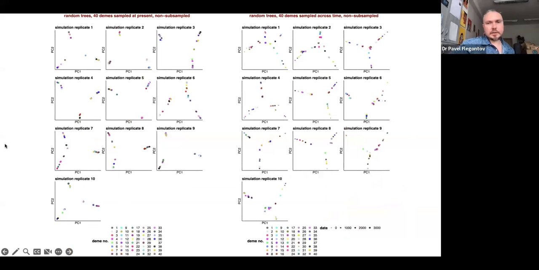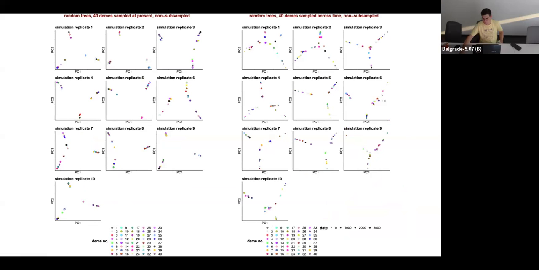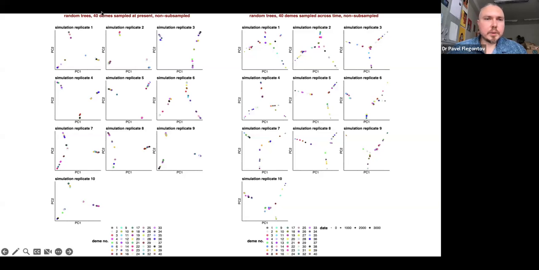But first, let's look at PCA patterns on random trees composed of 40 genes. So we have 40 branches sampled at one point in time at the end of the simulation, here on the left, or sampled at various points in time, here on the right.